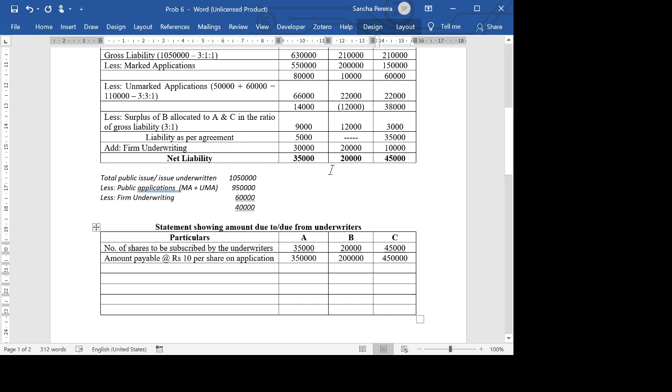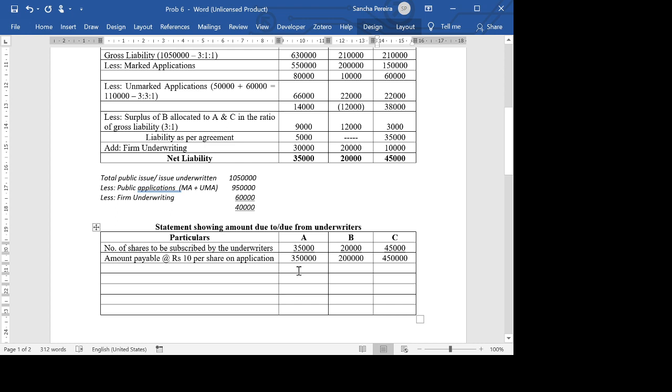Okay, so out of this 35,000 shares, the underwriters have already paid for their firm underwriting. Because firm underwriting is decided much before the public issue, where the underwriters decide to take up a specific number of shares irrespective of the public issue. So from this 3 lakh 50,000, 2 lakhs and 4 lakh 50,000, an amount has already been paid by the underwriters on account of firm application.